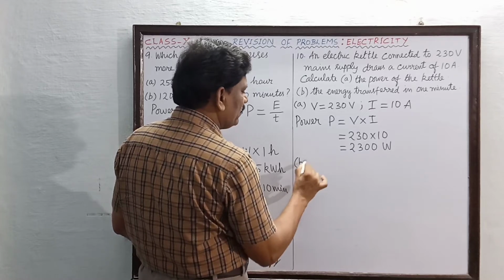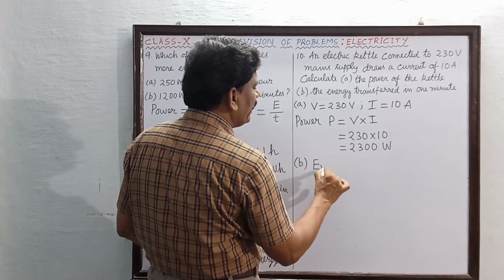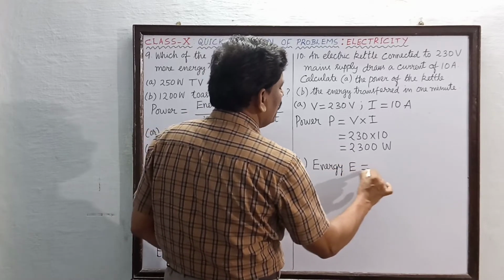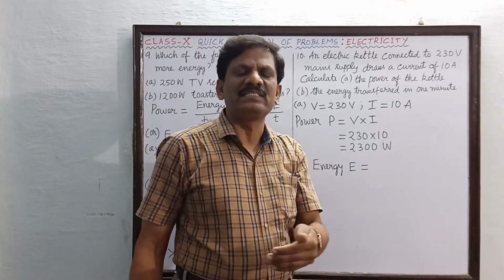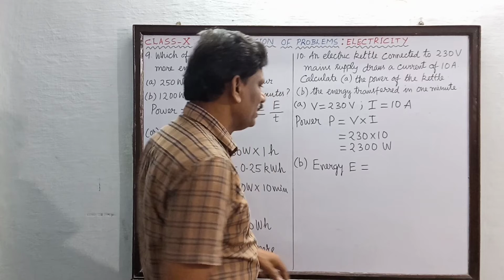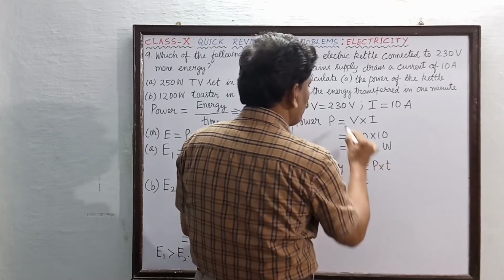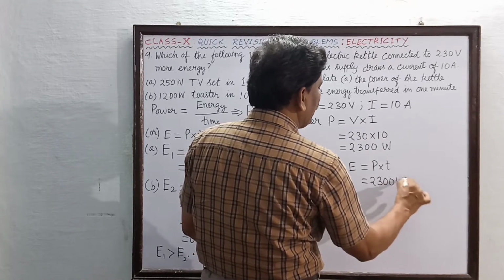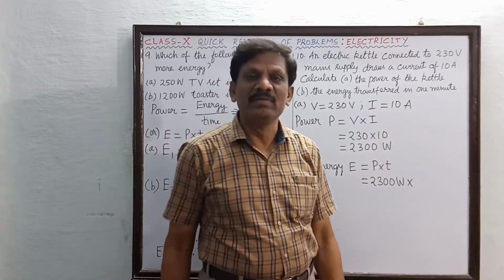For this B, the energy transferred in 1 minute, energy E is equal to, just now we used the expression, power is equal to energy by time, or energy is equal to power into time. So E is equal to P into T. For the power P we substitute 2300 watt into 1 minute.